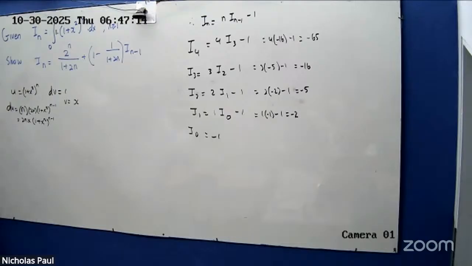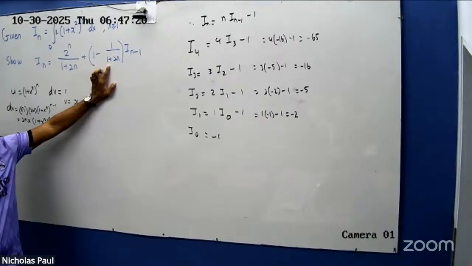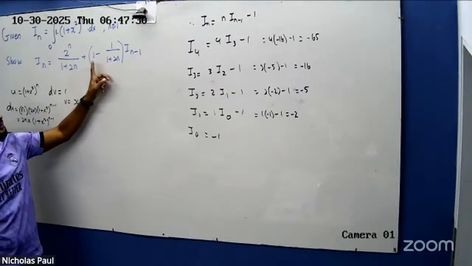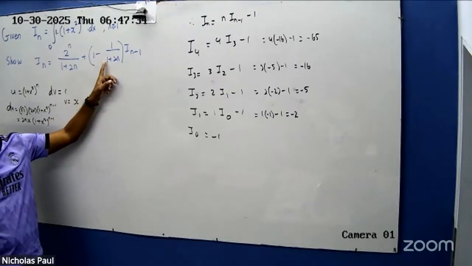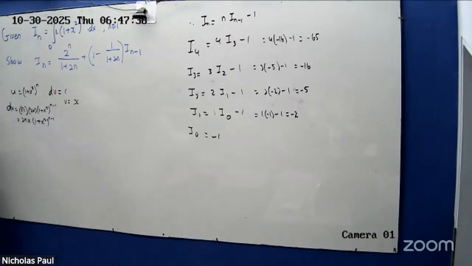So there's something that you had to do. Watch this here. Anybody recognize this? Something that we did earlier. How do we get something like this? Remember partial fractions?